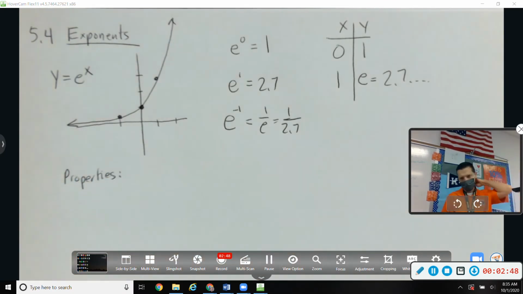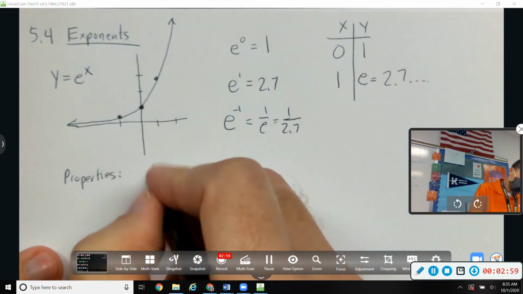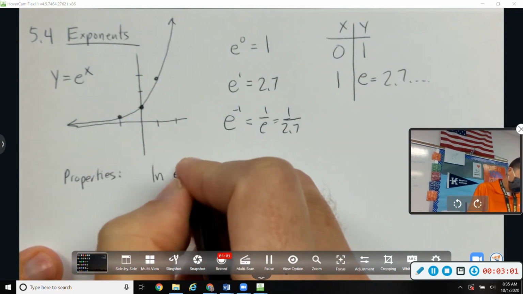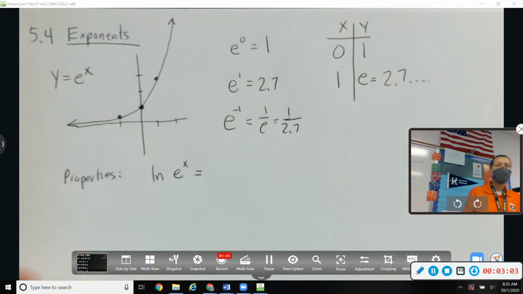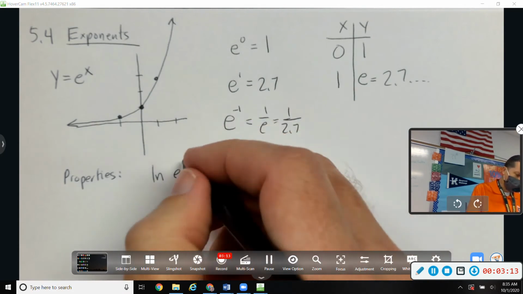All right, a couple of properties. Again, this is the algebra section of the notes, and then we'll do the calculus section after that. Some properties. The natural log of e to the x. Well, I can move the x down front.